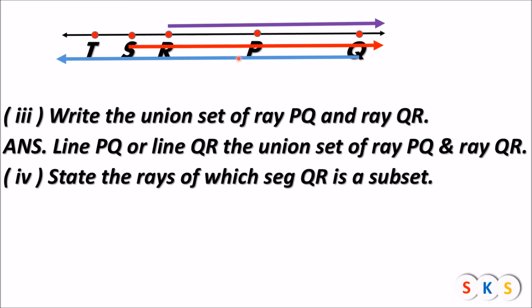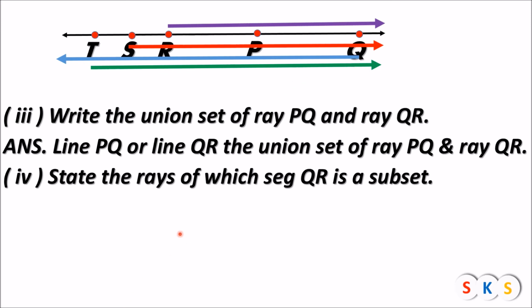Therefore, QR is a subset of ray QT also. We have here another ray TQ, and QR is a part of this ray also. Therefore, QR is a subset of this ray also.